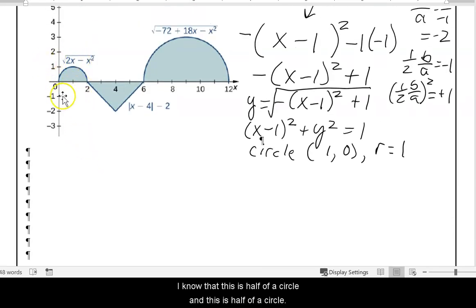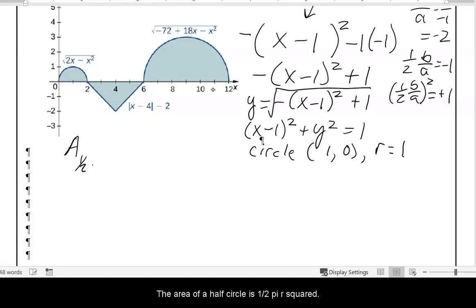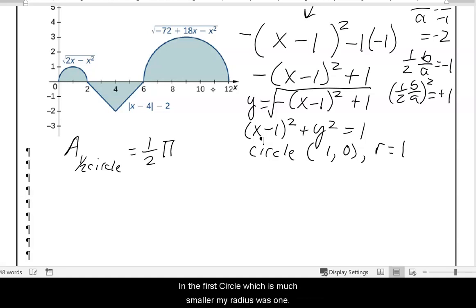I know that this is half of a circle and this is half of a circle. Let's compute the area for those two half circles using the formula for the area of a half circle. The area of a half circle is 1/2 pi r squared. In the first circle, which is much smaller, my radius was 1.